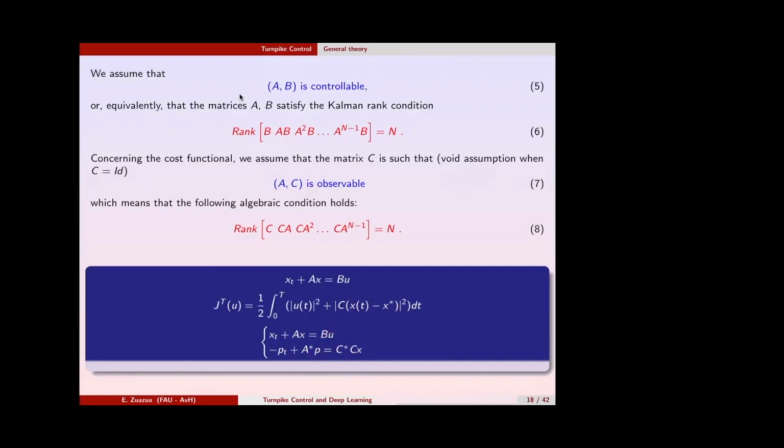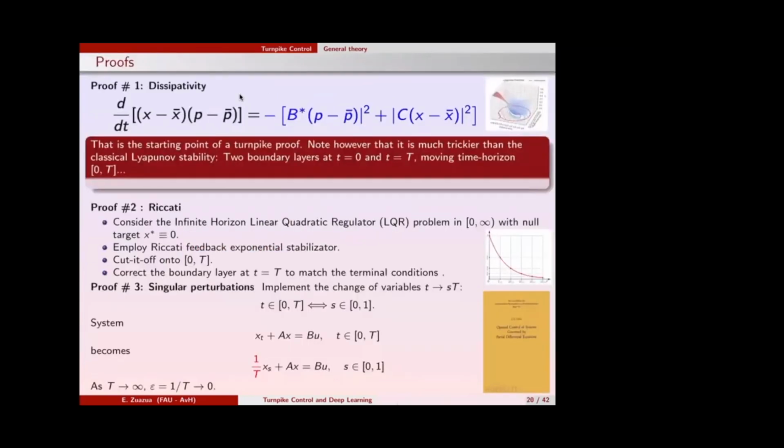So in some sense, you see that the Turnpike principle requires that you penalize enough the criterion that you are minimizing to compute the control, and this enough is measured in terms of the same kind of rank condition as B has to fulfill in order to guarantee the controllability, right?